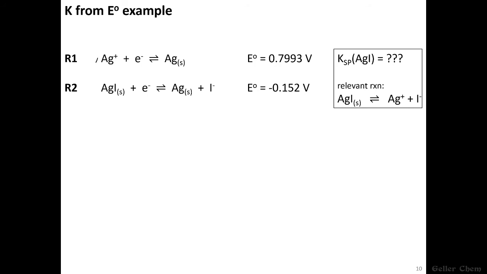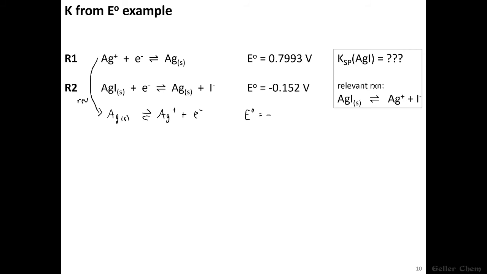R2 looks good, but R1 needs to go in reverse. So let's flip it, and we get Ag solid is in equilibrium with Ag+ and an electron. And we know what happens to that standard state voltage when we flip a reaction.